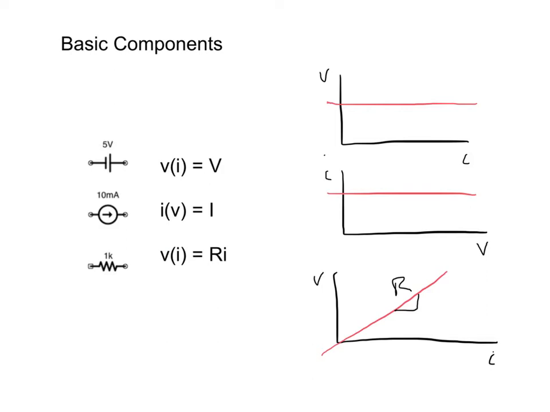I could have flipped it over and drawn the current as a function of the voltage. I still get a straight line, but the slope of that line is now 1 over R, which we sometimes will label G and call the conductance.